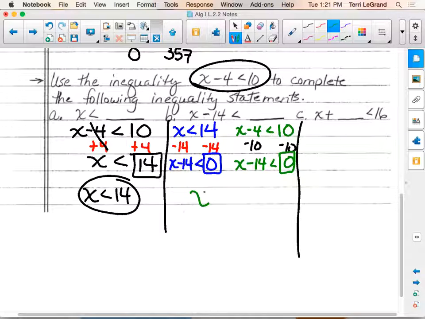Well, now we have a third name for this inequality. So go ahead, you do C now. You've got 3 choices. You can pick any of those to start with. Use it to help you get the fill in the blank for an x plus something that is supposed to be less than 16.